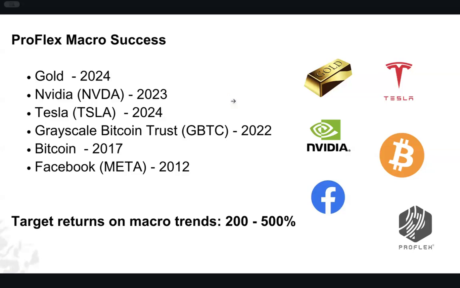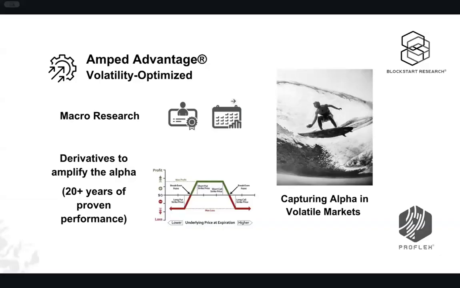Again, mostly we have this proprietary philosophy we call amped advantage. It is mostly using volatility to your advantage. That is our model. The idea is that you are able to use derivatives when the market is more volatile.